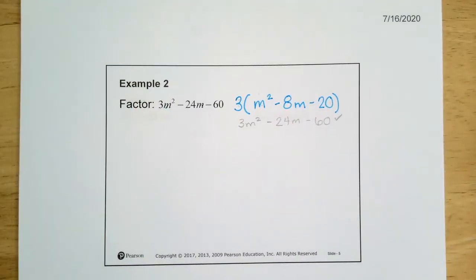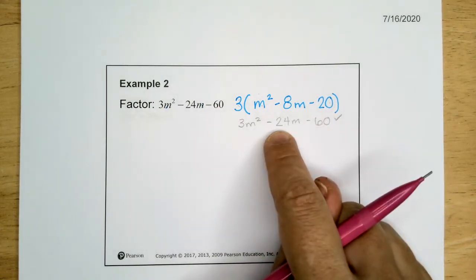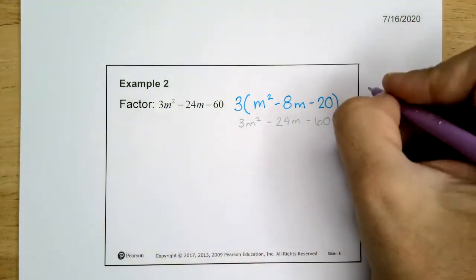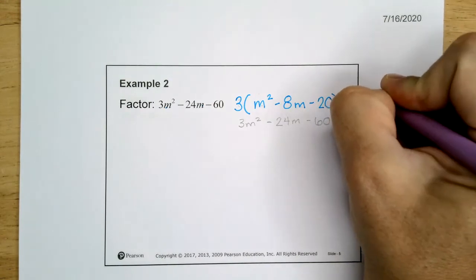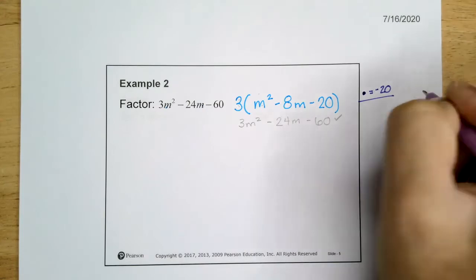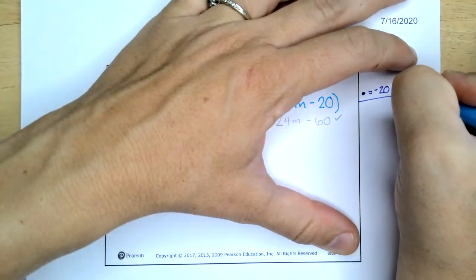So instead of using 60 and negative 24, I'm just going to use negative 20. So it's going to multiply to equal negative 20, and it's going to add to equal negative 8.